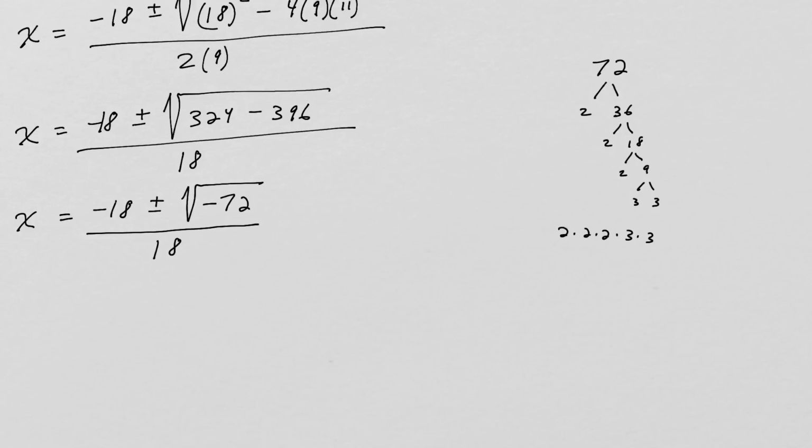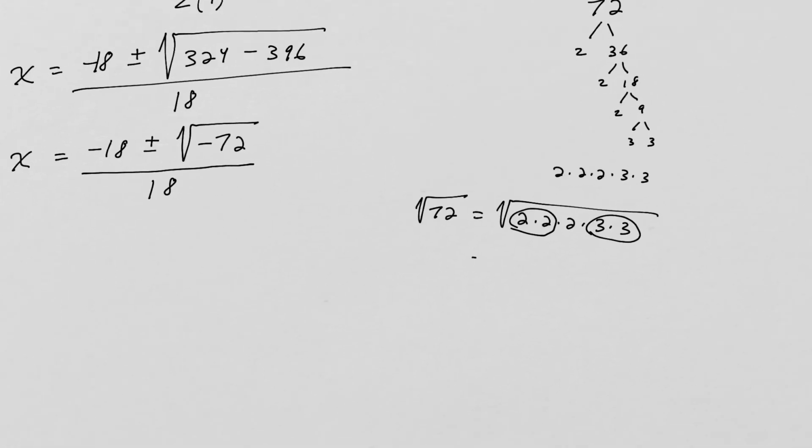So you can think of the square root of 72 as being the square root of 2 times 2 times 2 times 3 times 3. And a pair of these factors will come out as a single factor, right? So the 2 comes out and a 3 comes out. And I'm left inside with just a 2. So this is really 6 times radical 2.